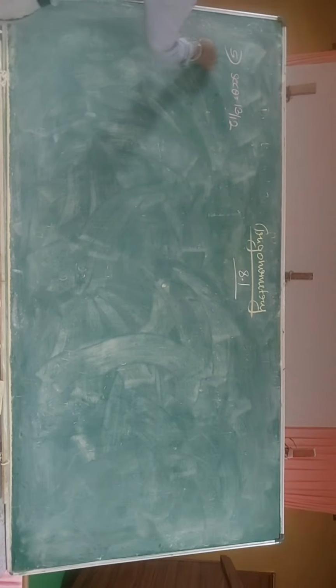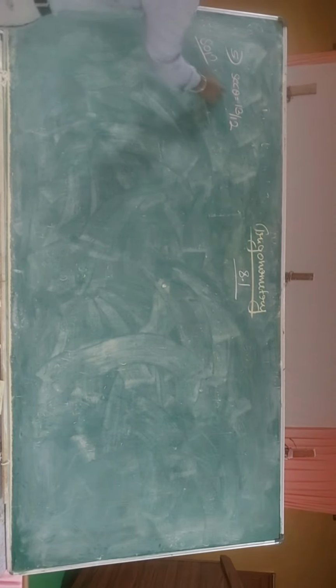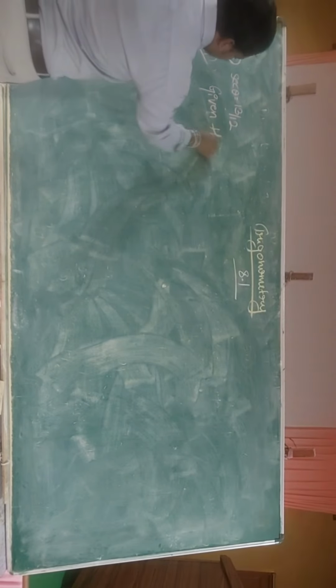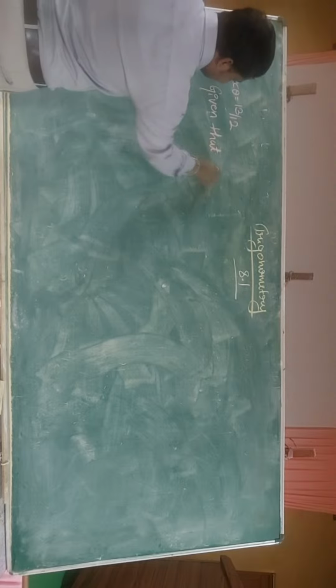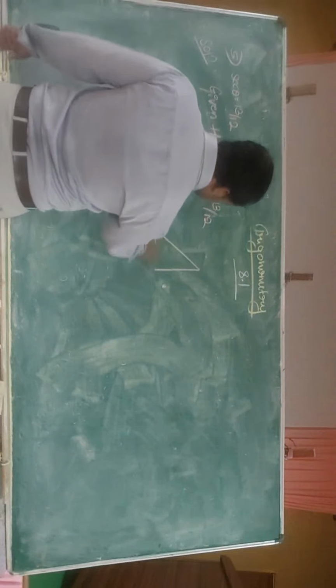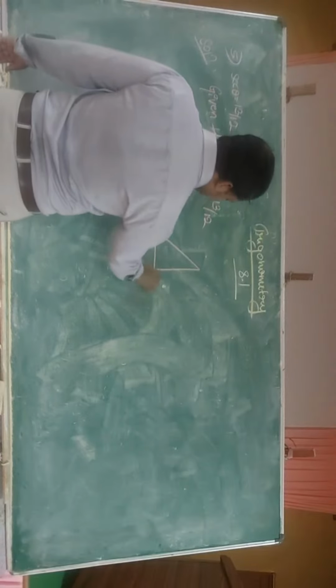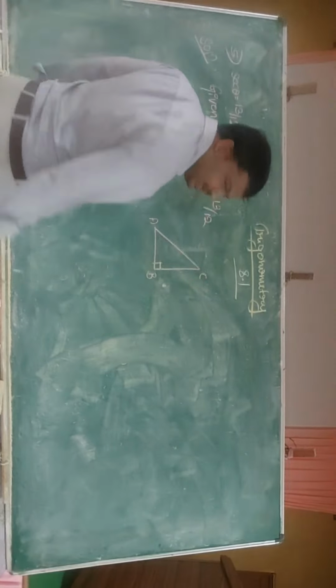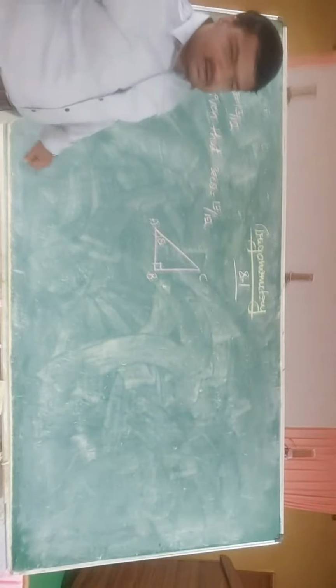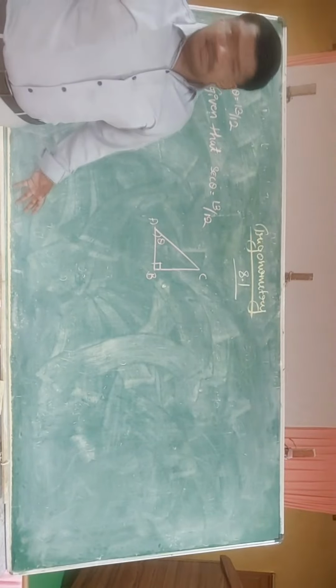Solution. Given that sec theta is equal to 13 upon 12. Let me draw a triangle ABC, right angle at B, and angle formed at A is theta. How do you define cos?